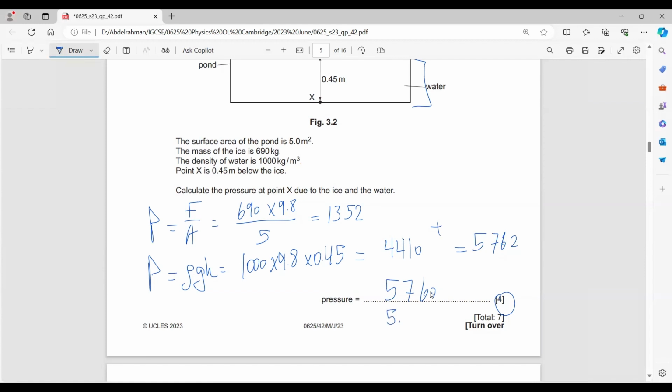We can write it as 5.8 times 10 to the power of 3. What's the unit? You keep on forgetting the units. Pressure? You haven't been studying. Pascals, Pa. Pa, yes.